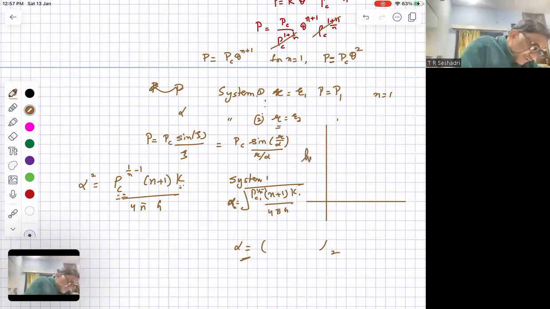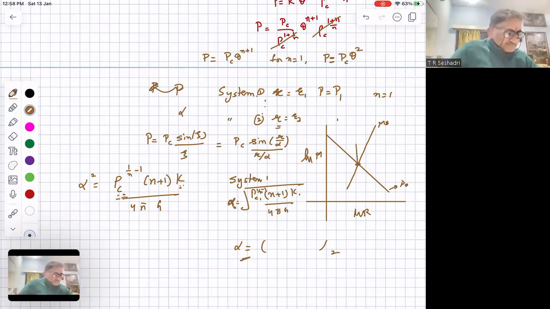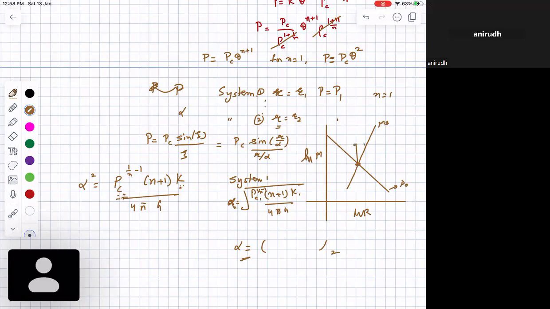Suppose this is log of mass versus log of R, and suppose this is the polytropic curve, and the main sequence comes like this. Suppose the star is over here, and suddenly you dump some mass in it. It immediately increases here. For equilibrium, it has to move here.